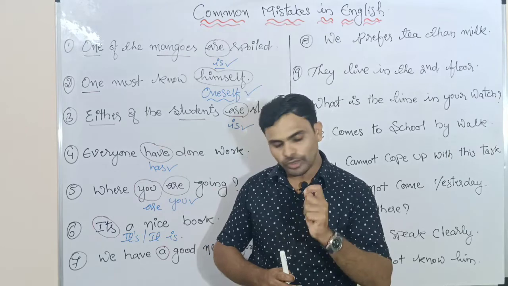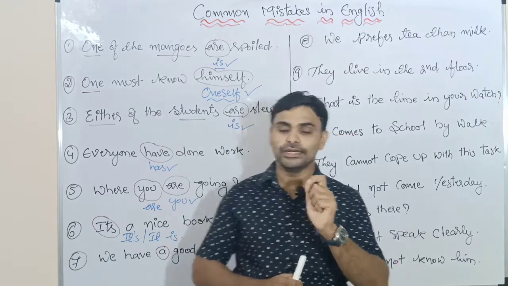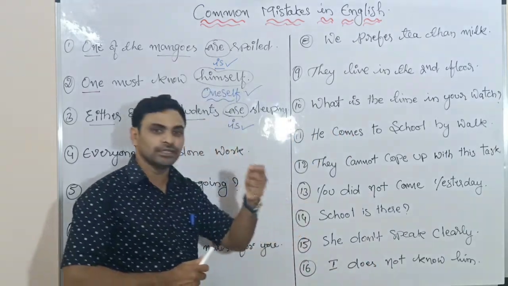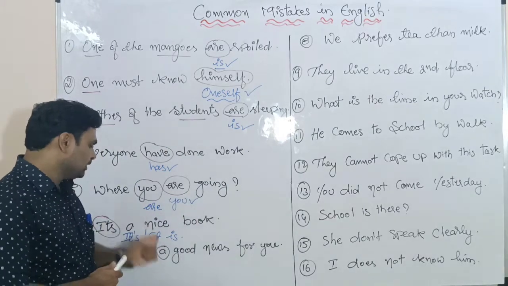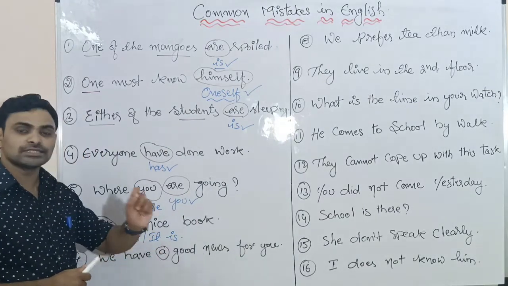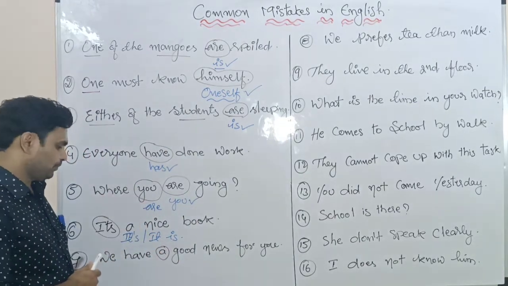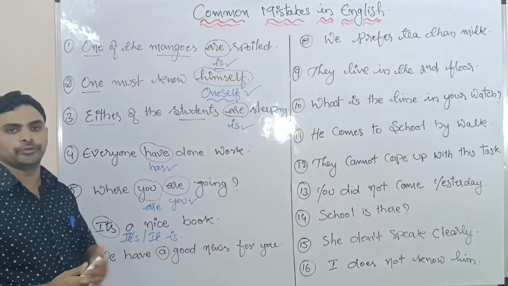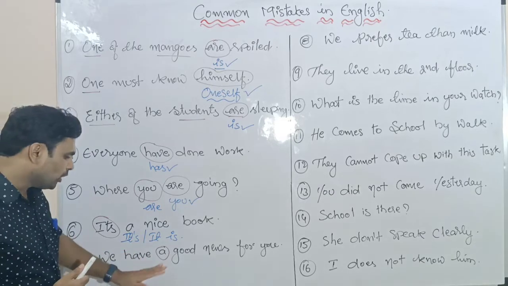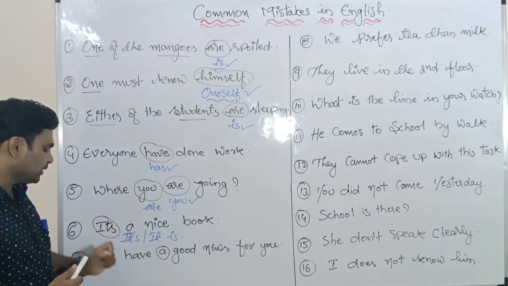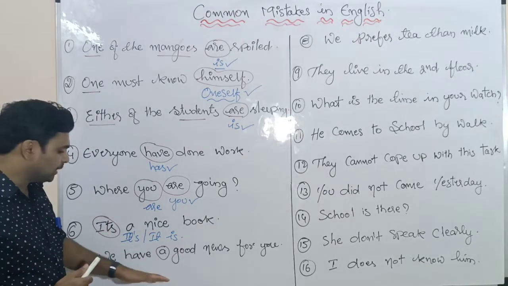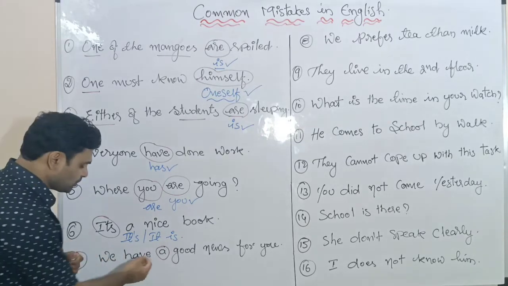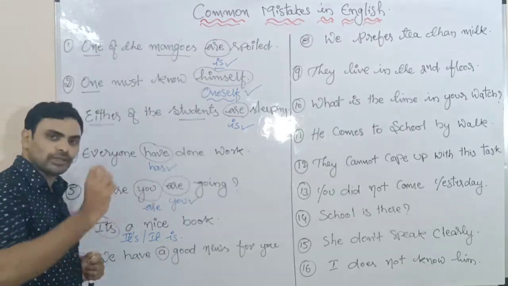Information always goes with a singular verb: information is good. In the same way, good news is uncountable. You can just say, we have good news for you. That's all.